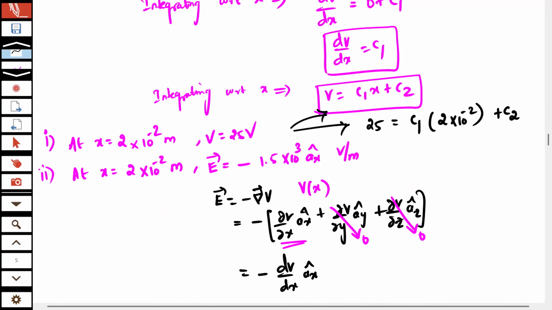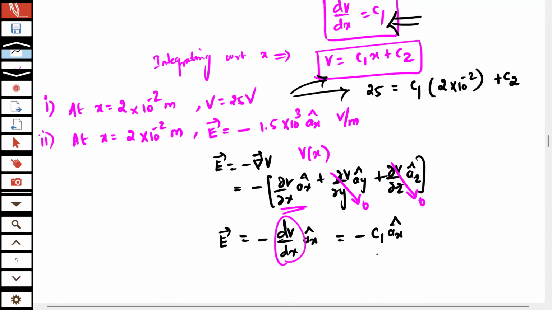So what we have to do here is from this equation, dV by dx can be written as c1. So I'll be writing in place of dV by dx, c1 from this equation. So this equals to minus c1 ax cap. Now we can solve by applying the boundary condition.